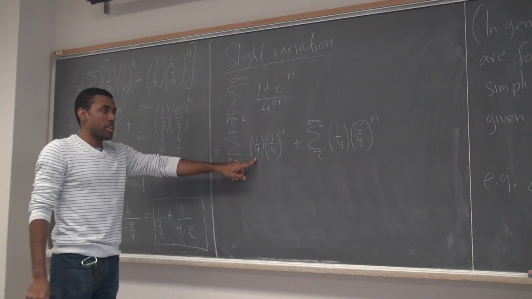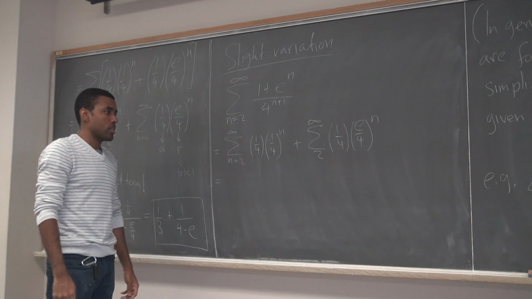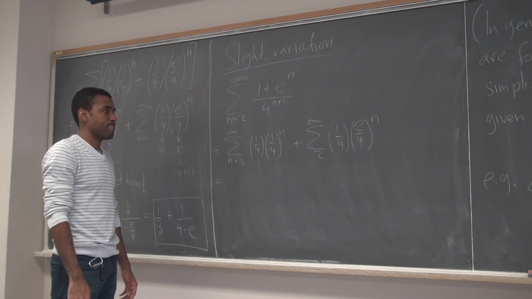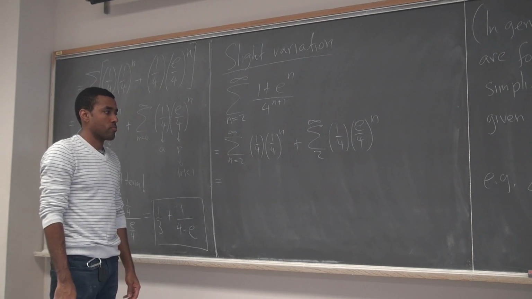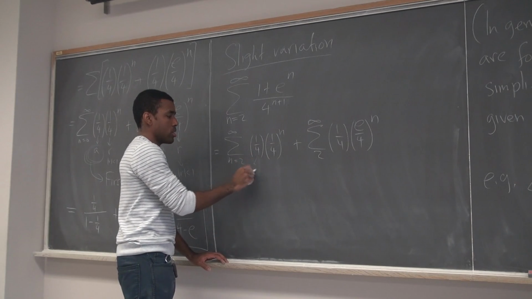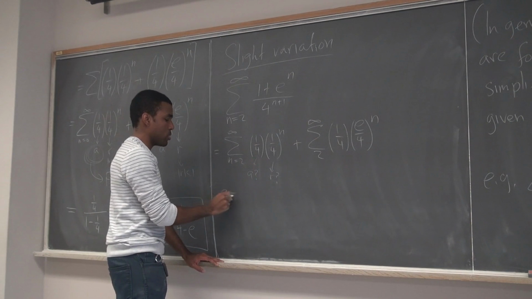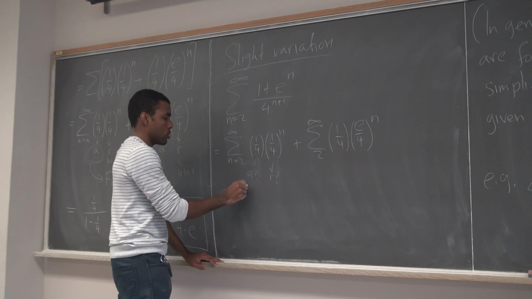Okay, at this point I can't say that this is my a, because it's actually not my a. So what does it have to look like? How can I fix this? You just plug in 2, you get 1 over 64. So I know it sort of looks like that form. It should be an a and an r, but it's not exactly. However, here you just compute it. You know that a would be when you plug in n equals 2.